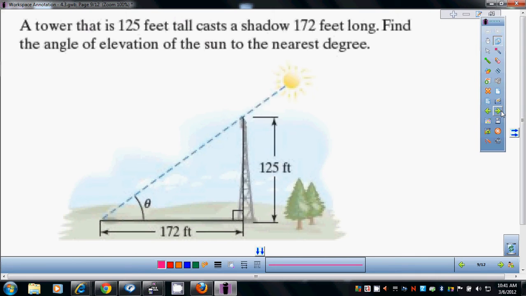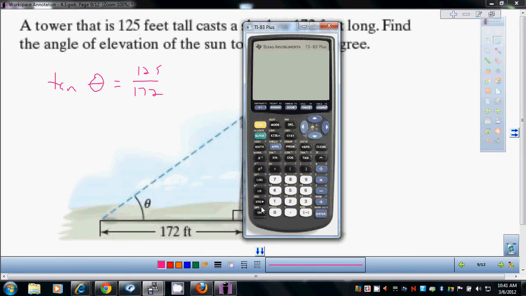Now, this one, this is why we did the inverse trig. We're looking for an angle. So from that angle theta, which two sides are we given? Which is which function? Tangent. So tangent of theta equals opposite over adjacent. If you're looking for an angle, you'll use inverse trig.